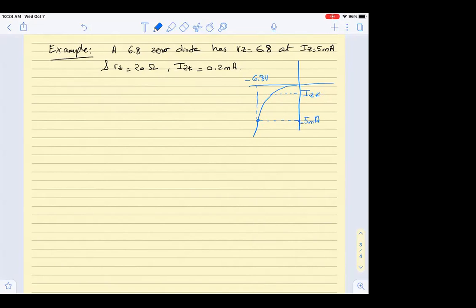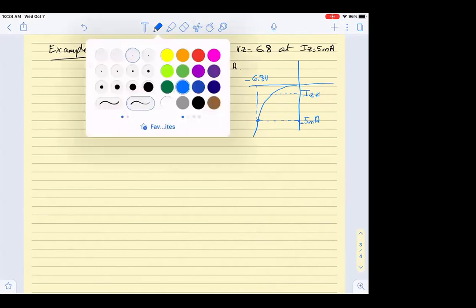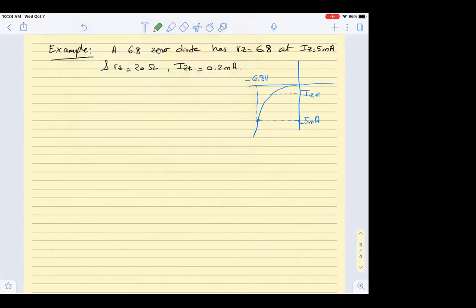This is negative, but we no longer use the negative sign. And he told me that the slope, or 1 over the slope, is RZ, and its value is equal to 20 ohms.